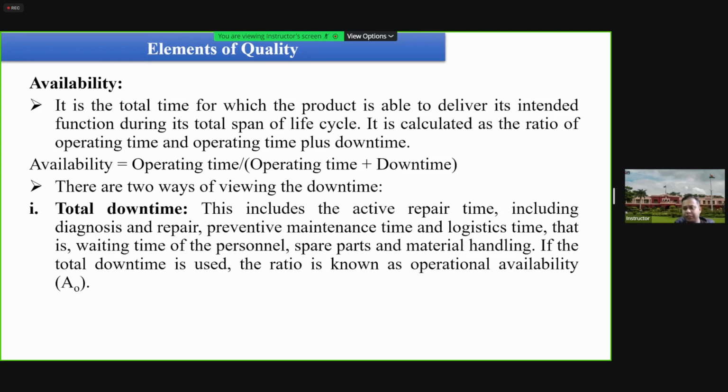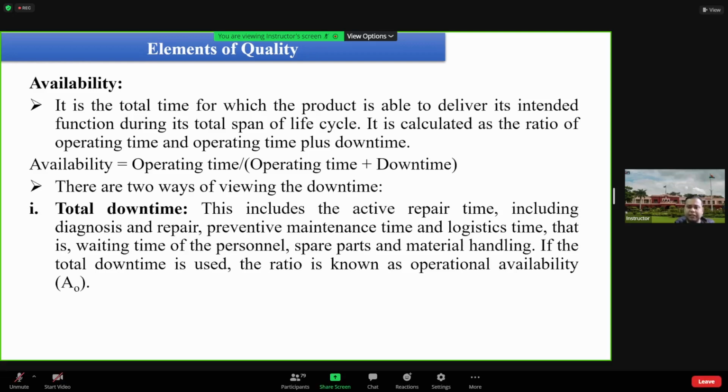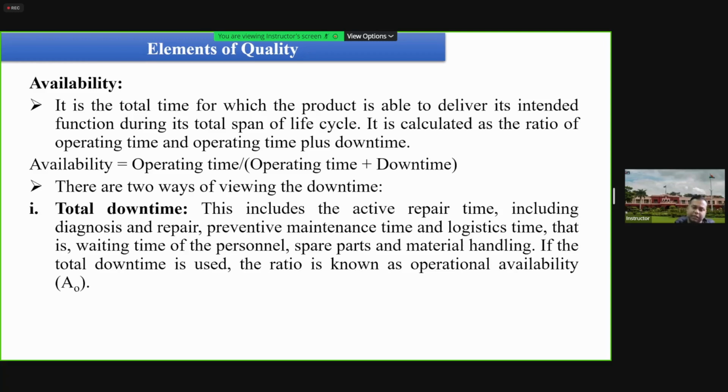And when we use the total downtime in calculating availability, that is called operational availability. The other is when we use only active repair time, excluding other things like preventive maintenance, diagnosis time and logistics time. When we use only active repair time to calculate availability, it is called intrinsic availability.